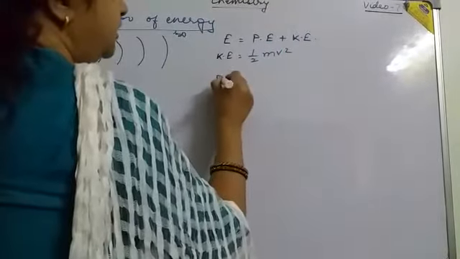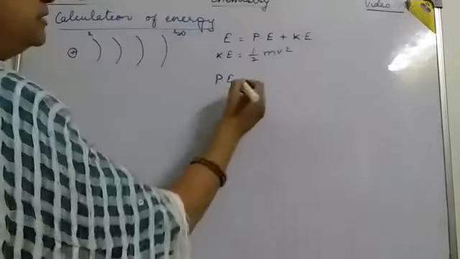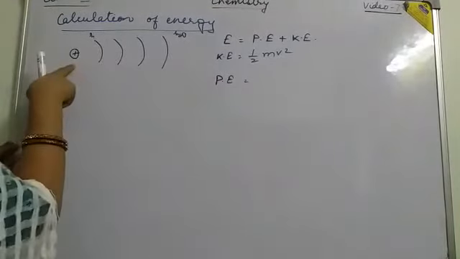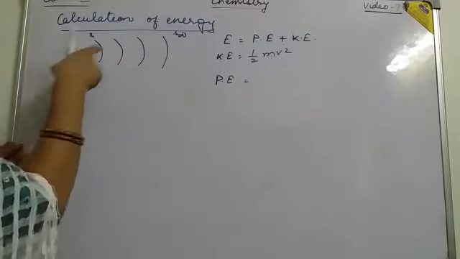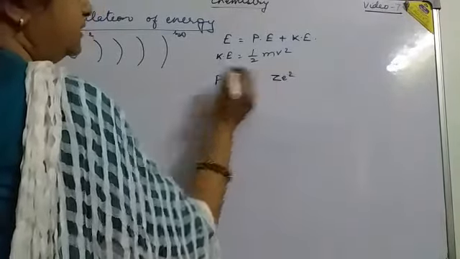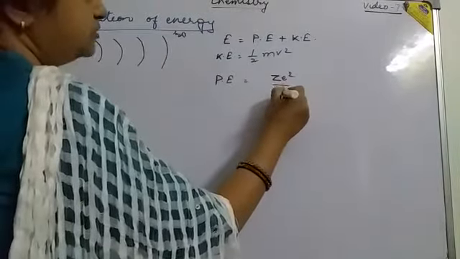And potential energy for this system can be calculated from the force of attraction between the electron and proton. So it is Ze square by the distance between them, R square.